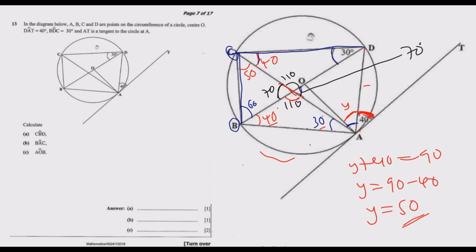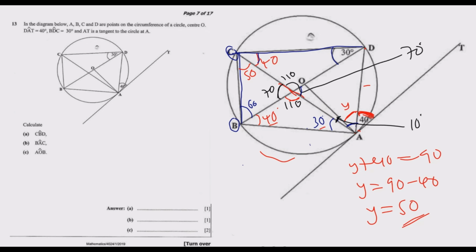So this small angle here, let me use a black color, should be 10, because we have 30 there, then here we have 40, and the entire angle is 60. So from 60 we take out y, which is 50, and we remain with 10. So this small angle here is 10 degrees.